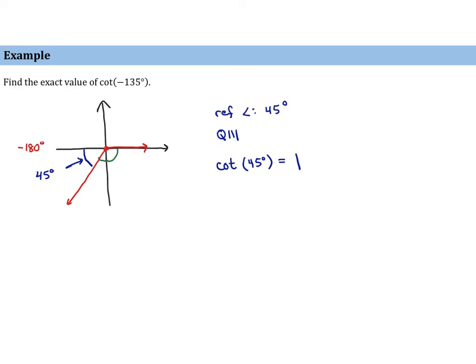So its reciprocal should be 1 as well. Now, what is the cotangent of negative 135 degrees? It will have the same magnitude, 1, and is cotangent of theta positive or negative in the third quadrant? It's positive. So therefore, our answer is just 1.